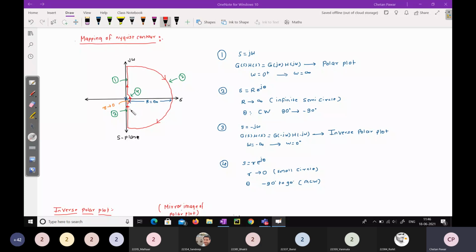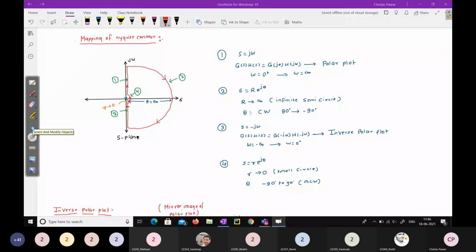Okay, and these two, the second region and fourth region, will change according to the transfer function. It will depend on the transfer function what those things will be mapped in the GH plane. So that is the important thing here.